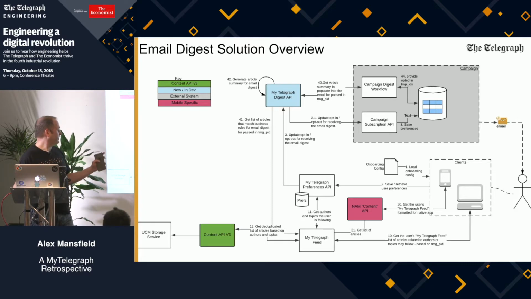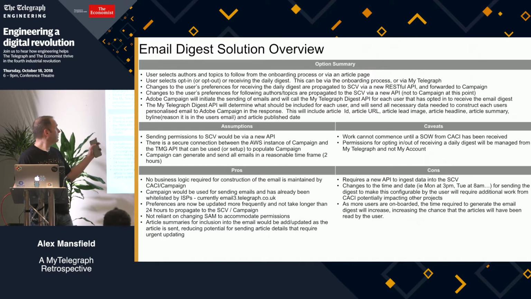So we've adopted this approach where we have something which we take to our technical design authorities with some supporting documentation detailing the background and the context, with an overview of the solution, and then something that gives assumptions and caveats and pros and cons that allows us to make a relevant decision whether it's viable or not.